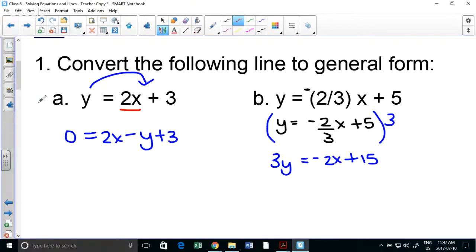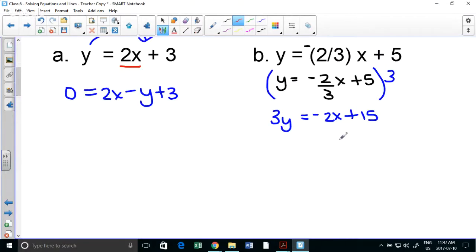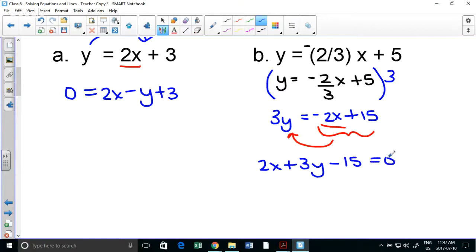Now you're going to do 2 steps in one. You want A to be positive and one side to be 0. Right now A is negative, so this is going to flip to this side, giving me 2x plus 3y minus 15 equals 0.